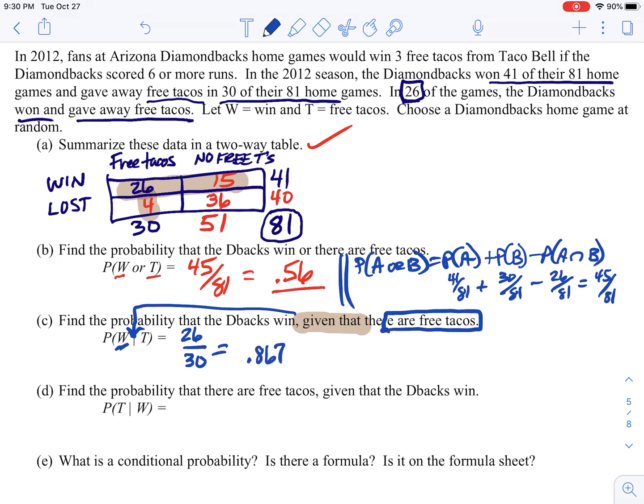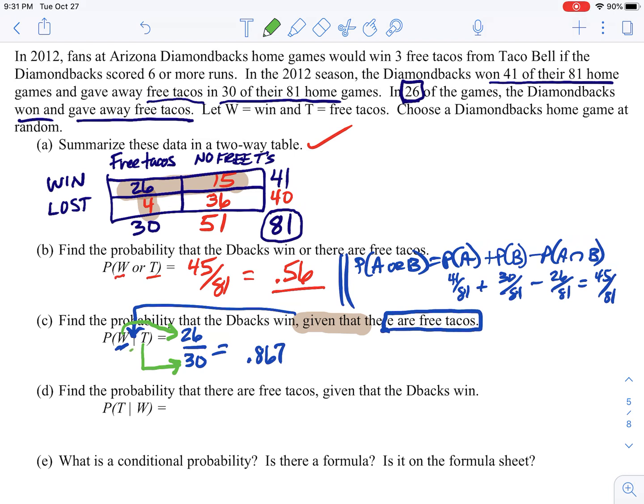And what you notice here is when you read this, the "given that" part ends up being the denominator. The part that you say first, like what's the probability of a win given that they got free tacos, becomes the numerator.